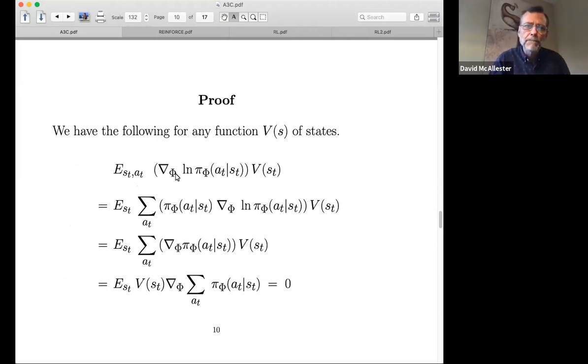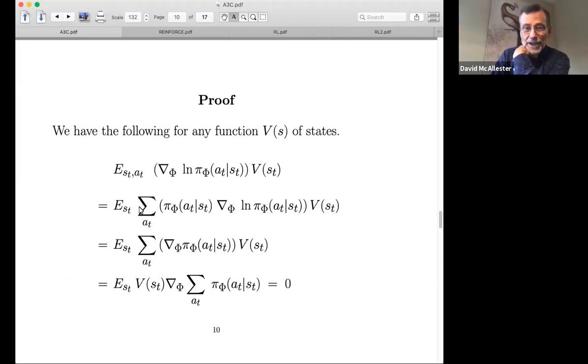The proof says you take any function of states, like the value function, which is just a function of states and not looking at the average over actions, and I look at the expectation of this term times this value function.